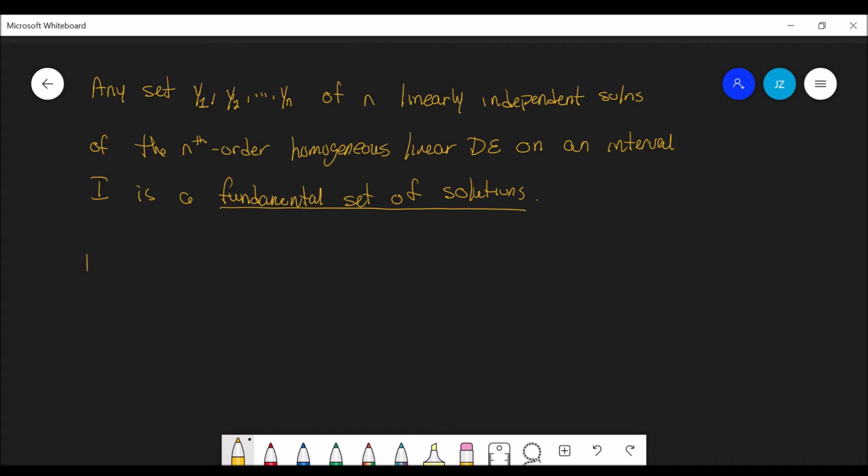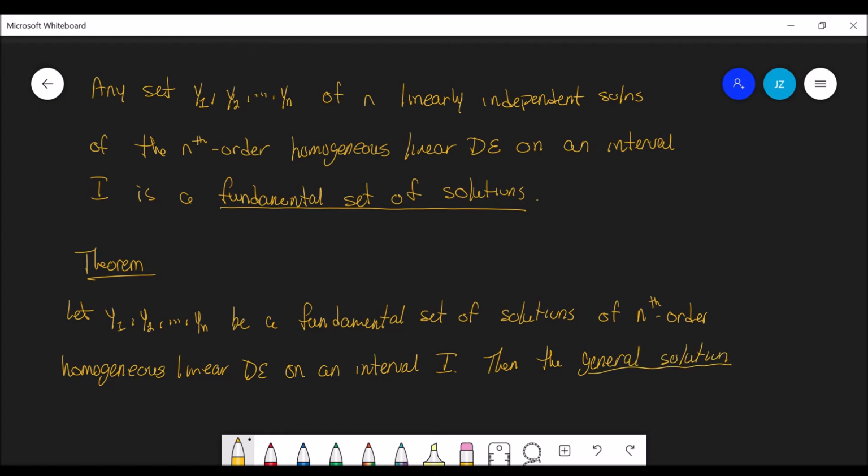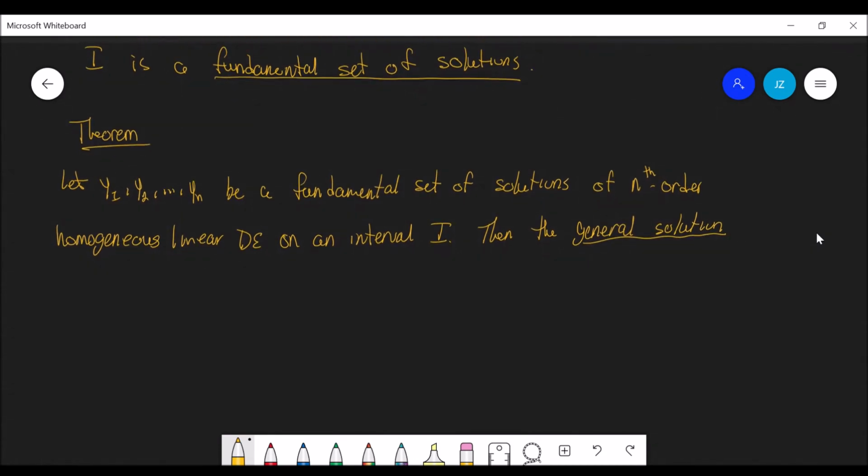Now, this is important because if we have a fundamental solution set of an nth order homogeneous linear differential equation on some interval, then the general solution is a linear combination of the fundamental set.